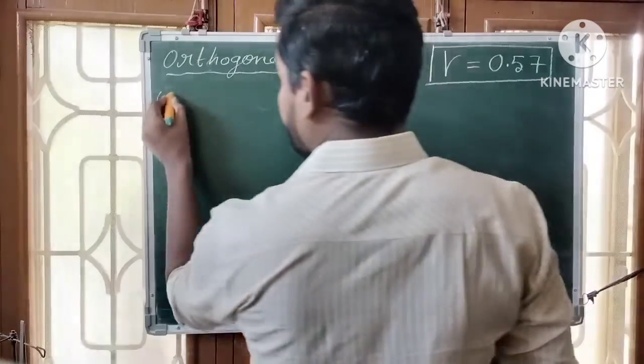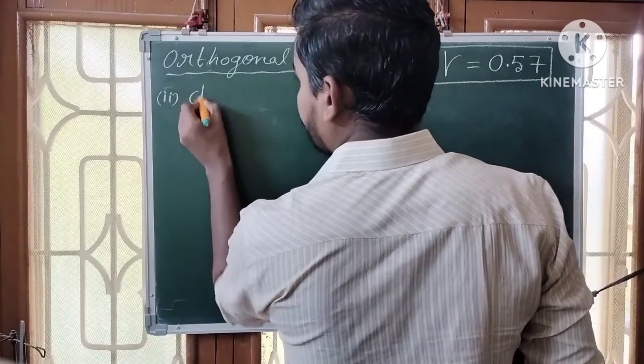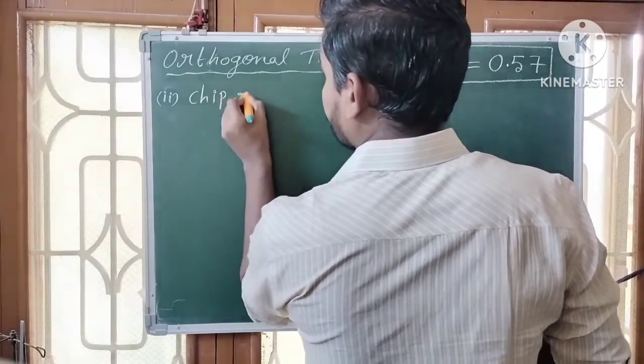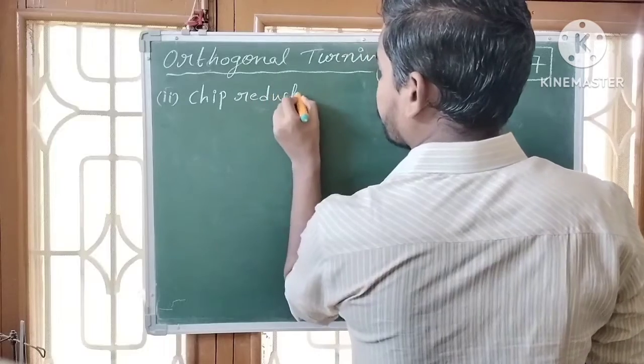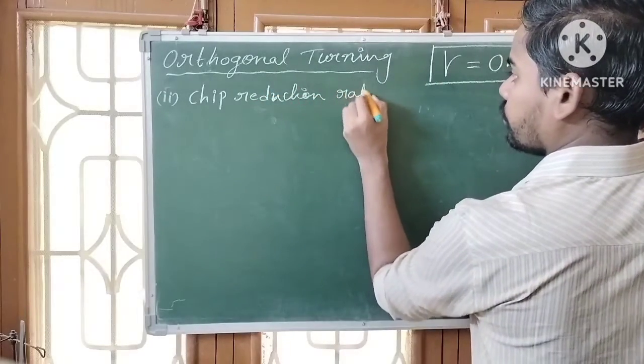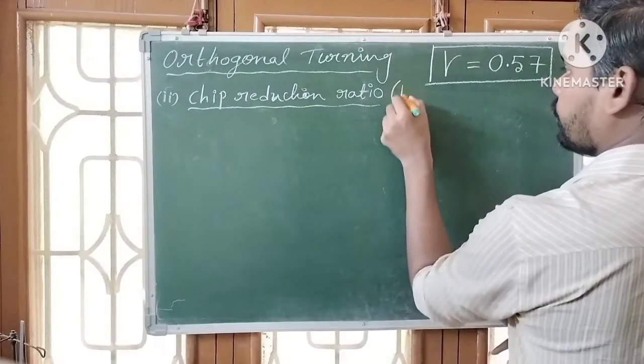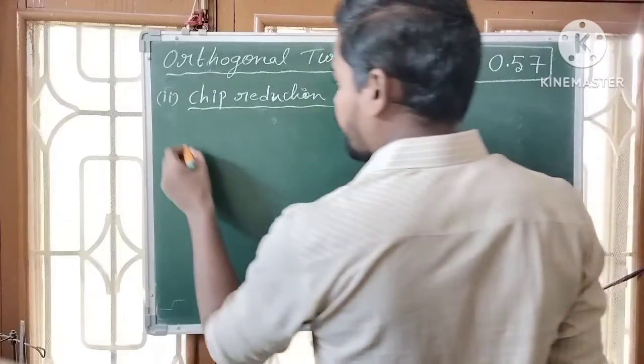The next question is to find the chip reduction ratio, generally denoted by small k.